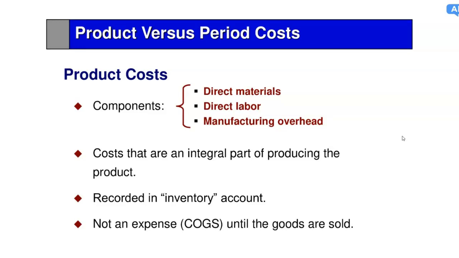These costs are an integral part of producing my product. See, the important thing here is these costs are consumed to produce my product. My product is finished goods inventory.